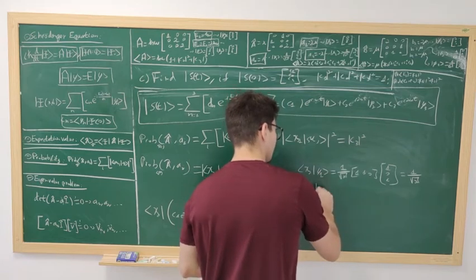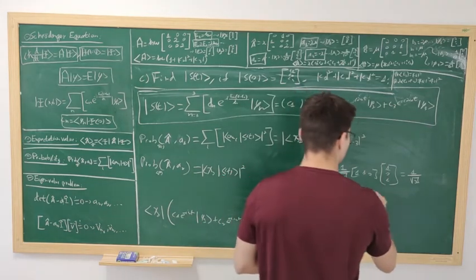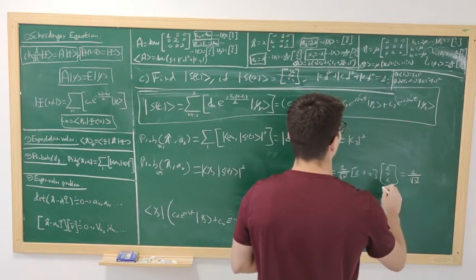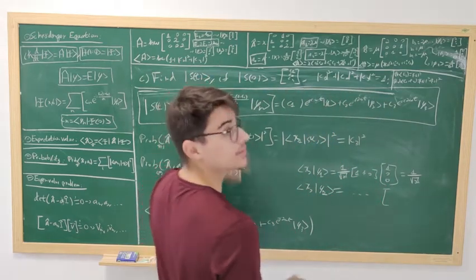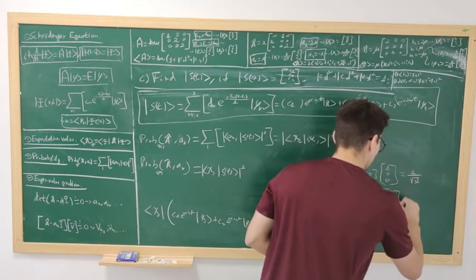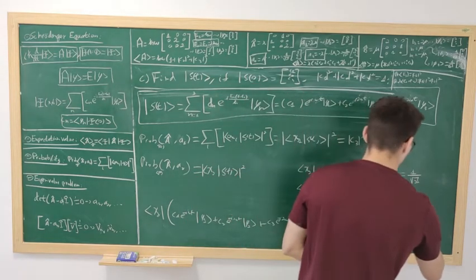If we do the same for phi 2, we get this times 0, 1, 0. This just gives us this times this, 1 over the square root of 2.